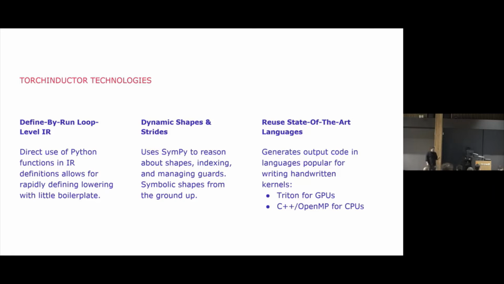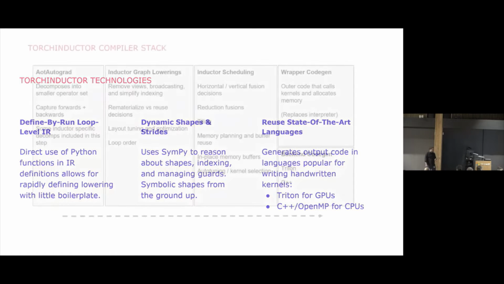And so TorchInductor generates Triton code to support GPUs. We support through this NVIDIA, AMD, and Intel, but there's also lots more coming. See the talks earlier today. And then for CPU targets, we generate C++ and OpenMP. So we're generic and we're not specialized entirely to Triton.